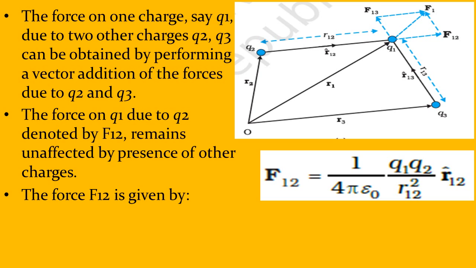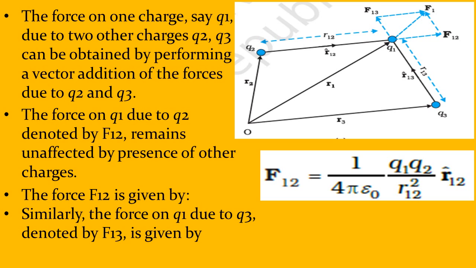This whole part is the magnitude. Now since force is a vector, I must give a direction. So after this I have got r hat 12, that means a unit vector from 1 to 2.